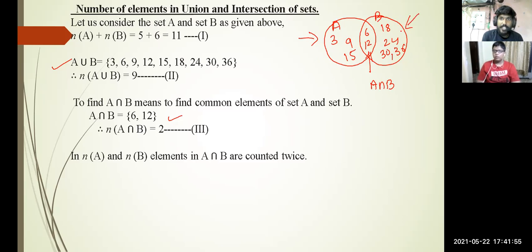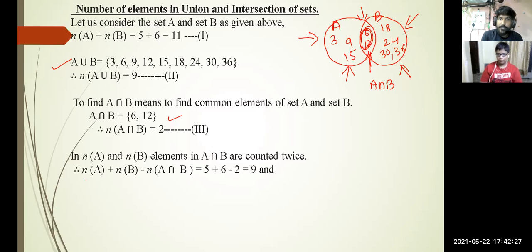And in n of B, there were 6 elements. And in the intersection, there are just 2 elements. So if you note one thing, that in n of A, you counted 6 and 12. In n of B also, you counted 6 and 12. So that means 6 and 12 are counted 2 times. Correct? They are counted 2 times.